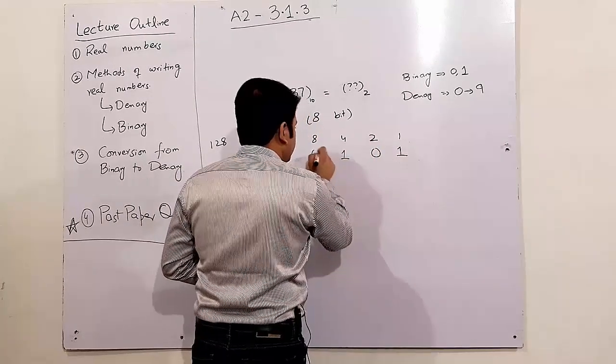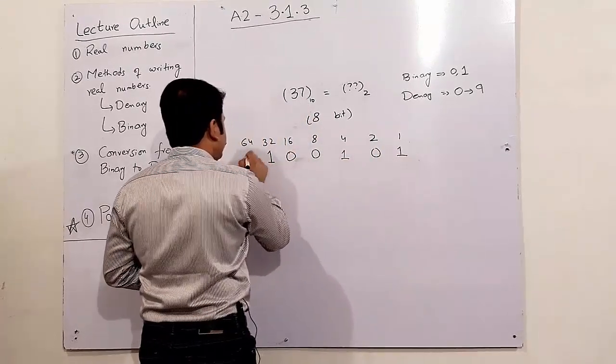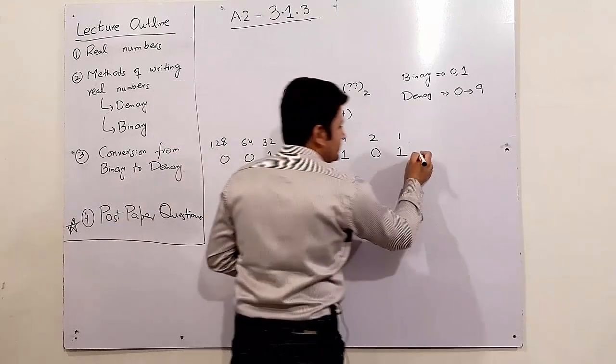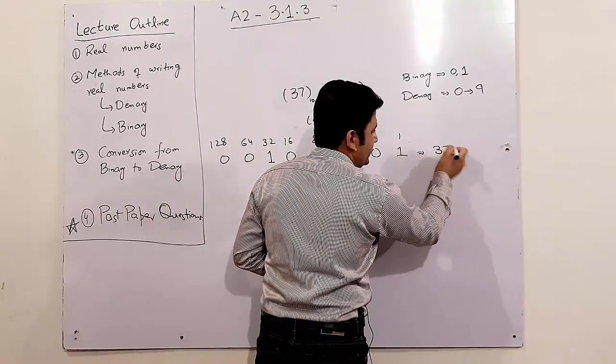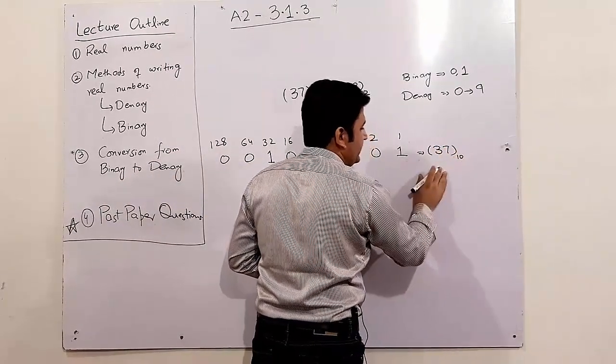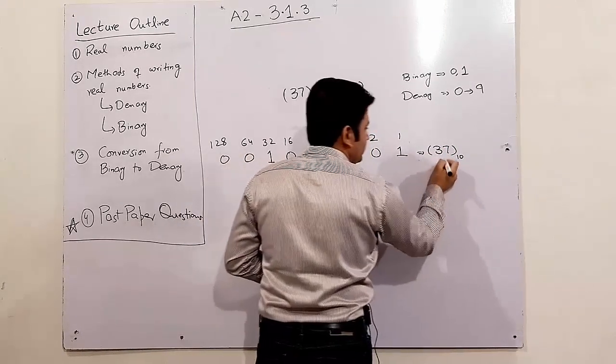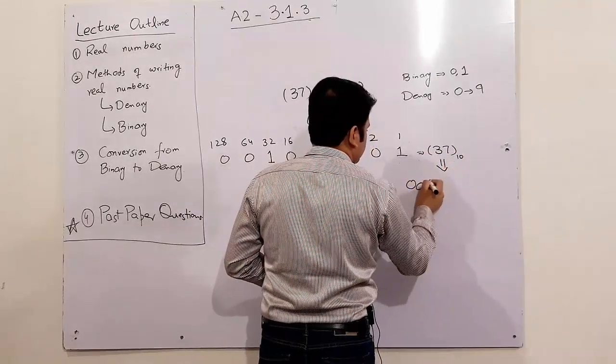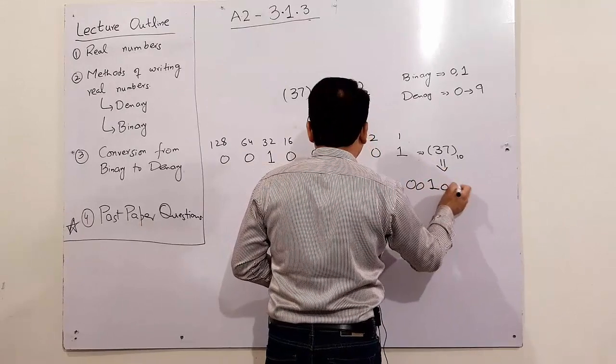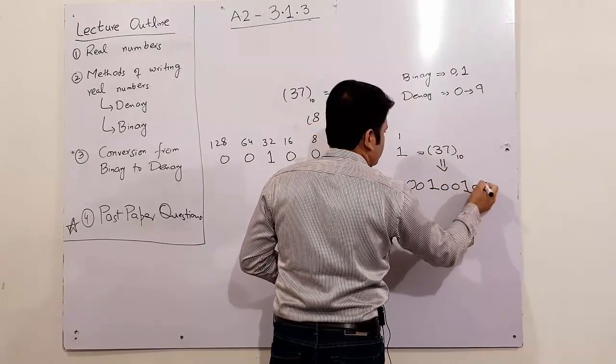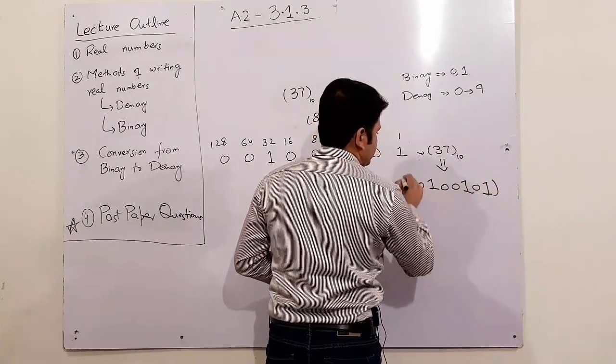And for the rest of the positional significances, I will be writing zeros. This constructs 37 for me, which is in denary, and in binary, this becomes this.